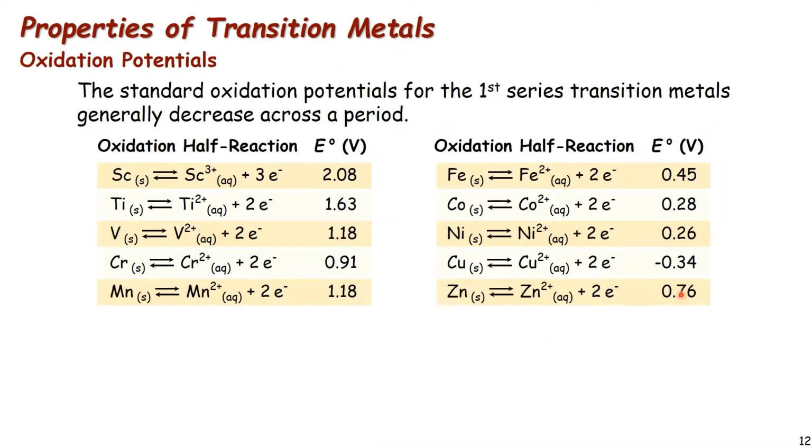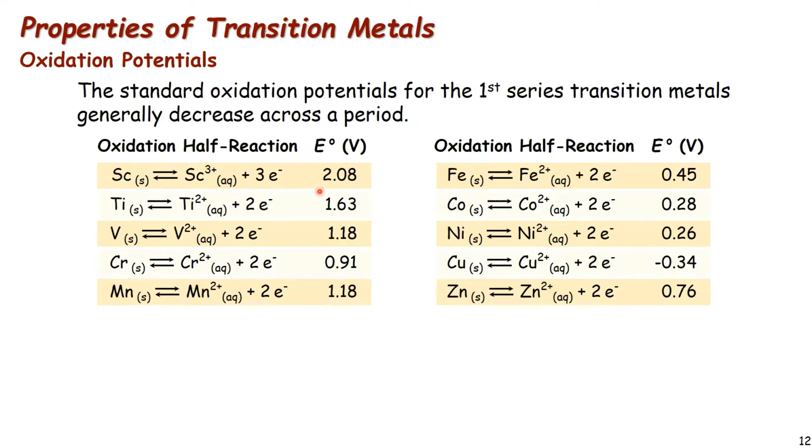Now, notice that we're looking at oxidation half reactions here, right? Because metals prefer oxidation. Metals prefer to give up their electrons to form cations. So this is just the opposite order that you see in the tables of standard reduction potentials. And that's because in metals, again, we know that oxidation is favored. When we have a positive potential, we know that that reaction is favored. It's spontaneous. So we can see that as we go across, we're going from left to right across the periodic table.